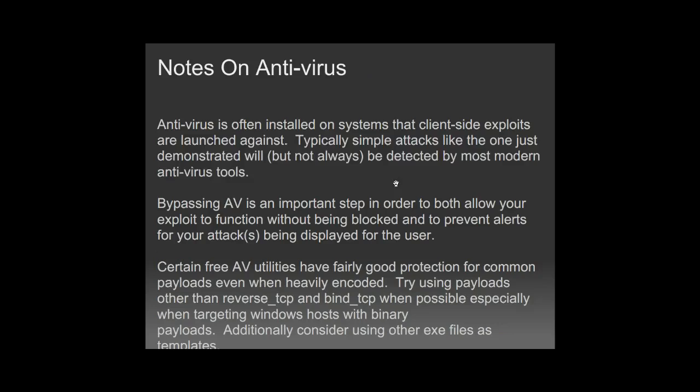But unfortunately, antivirus, getting around it, the stuff that they put on the website doesn't work anymore. At least I haven't been able to get it to work using the techniques they described using msfencode in probably about a year.